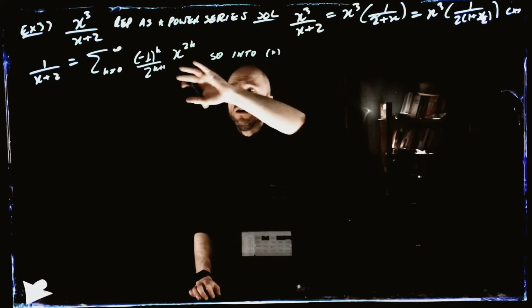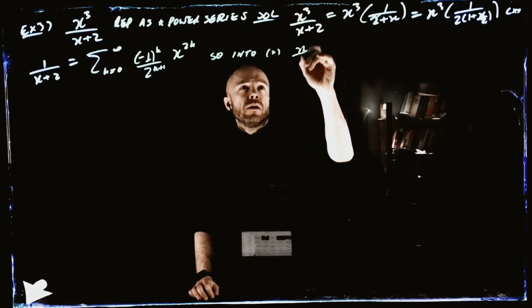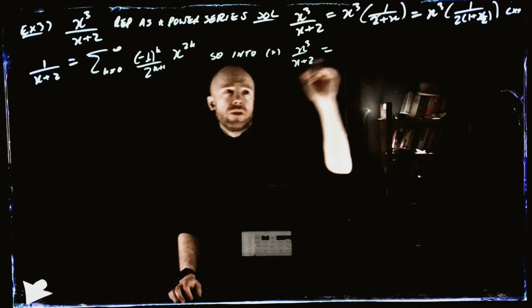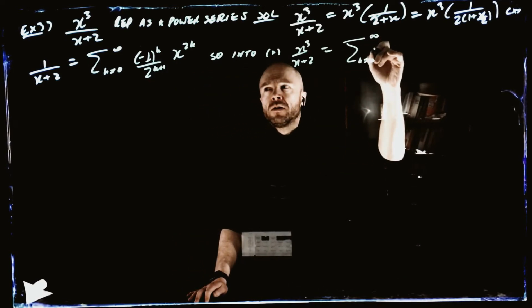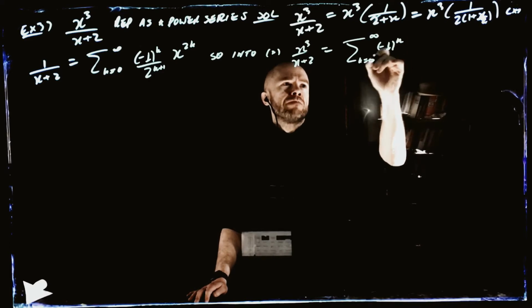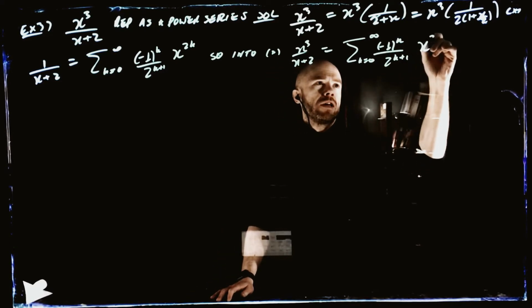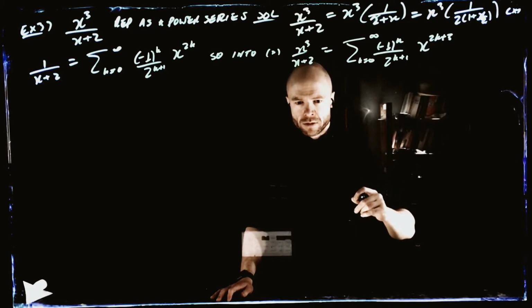So into star, we have that x to the power 3 over x plus 2 is what happens when we just multiply x to the 3 throughout this entire thing. And then it's the sum k equals 0 to infinity of minus 1 to the k over 2 to the k plus 1, x to the 2k plus 3, like this.